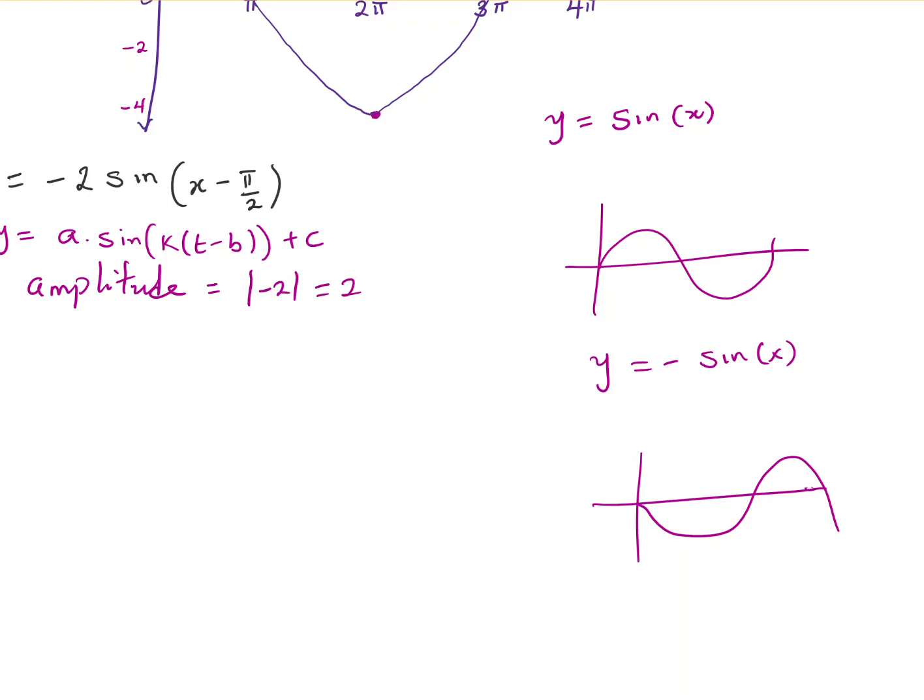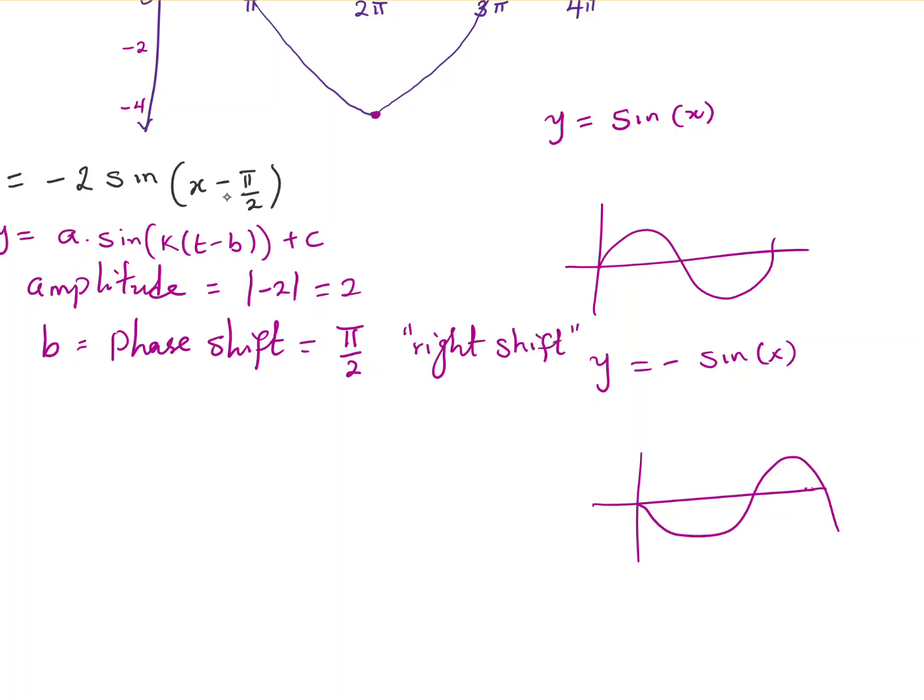And our b is the phase shift. In this sense we have a phase shift of pi by 2, and we would see that there is a negative here, so that means we are having a phase shift to the right, so we have a right shift.